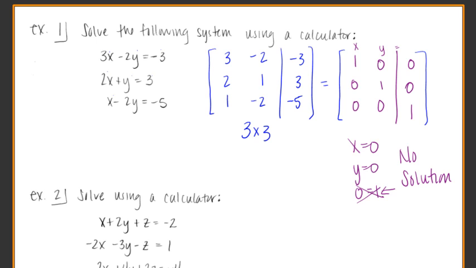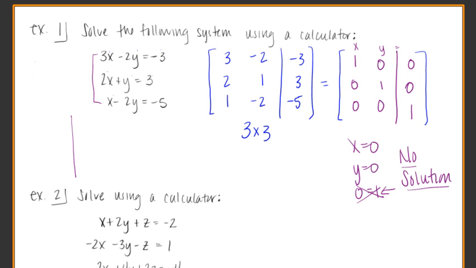Okay, and again, interpreting what this means is if I come back up here and I wanted to graph those 3 lines, in order to find a solution, we're looking to see where they intersect. Well, because there's no solution, that means there's no one point where all 3 of these cross. Now, I could have 2 of them crossing, but the point is you need all 3 crossing at exactly one point.